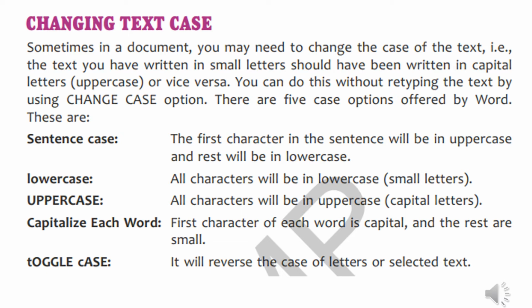In the sentence case, the first letter will be capital, and in lowercase all letters will be small. In uppercase, all letters will be capital. In capitalize each word, the first letter of each word will be capital. And when we click on toggle case, whatever the earlier case was, it will be converted to the opposite one. So I will show you all these cases one by one.